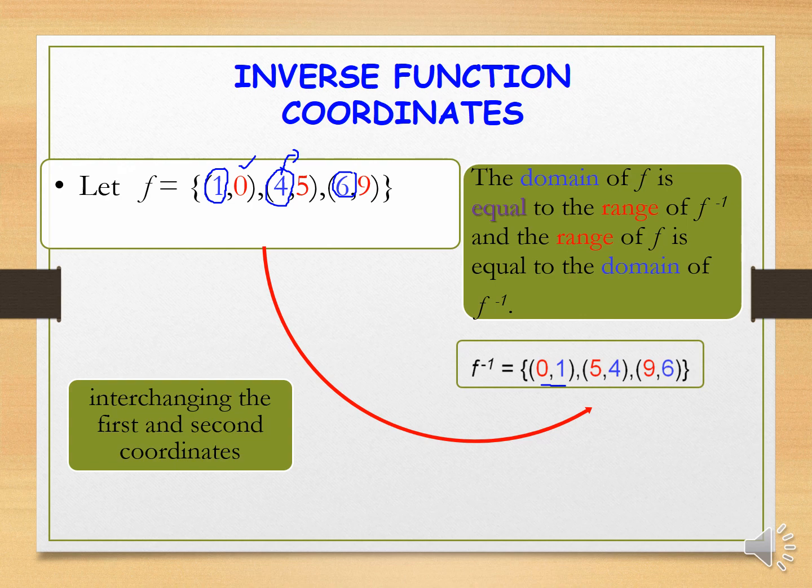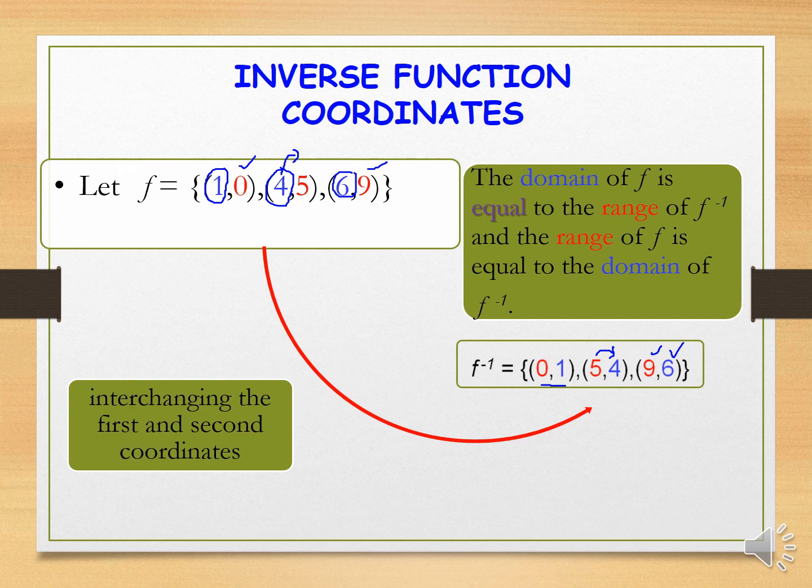For f inverse, x is 5 and y is 4. For the third coordinates, (6, 9), x is 6 and y is 9. For f inverse, x is 9 and y is 6.